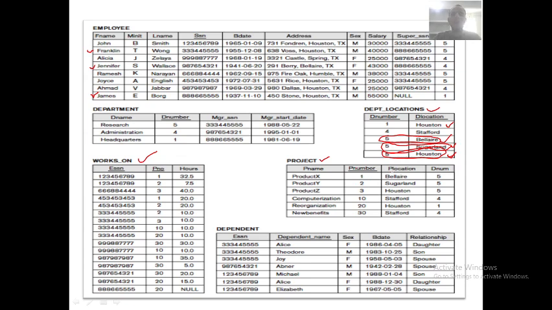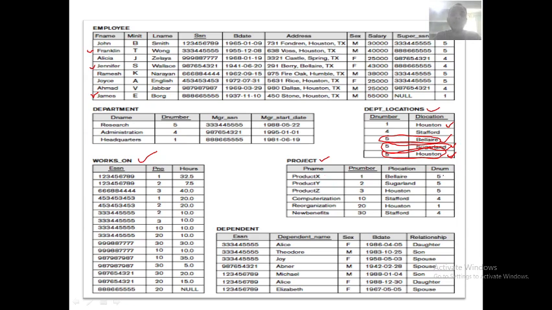And P location is the location it is handling, and which department is controlling that project. Example, product X, this project is controlled by department number 5.